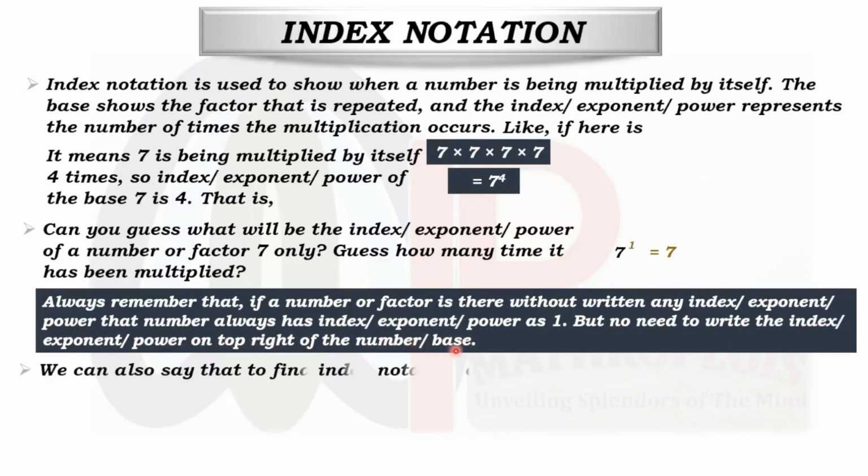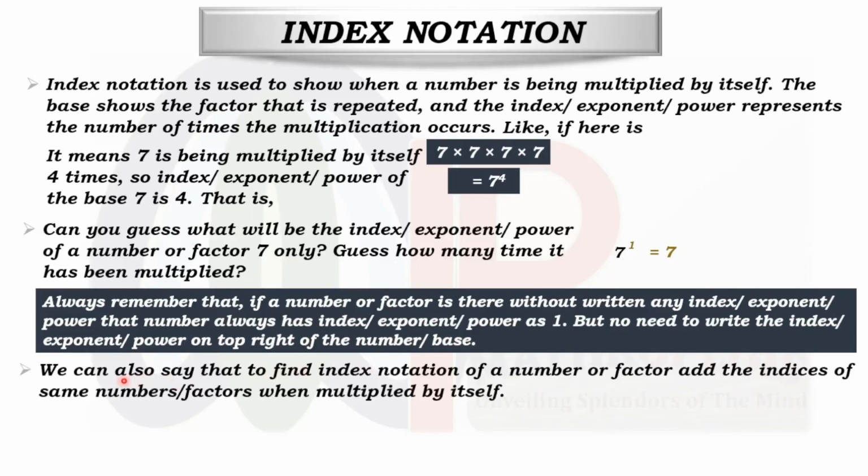We can also say that, to find the index notation of a number or factor, add the indices of the same numbers or factors when multiplied by itself. Like, if here is 7 multiplied by 7, multiplied by 7, multiplied by 7.